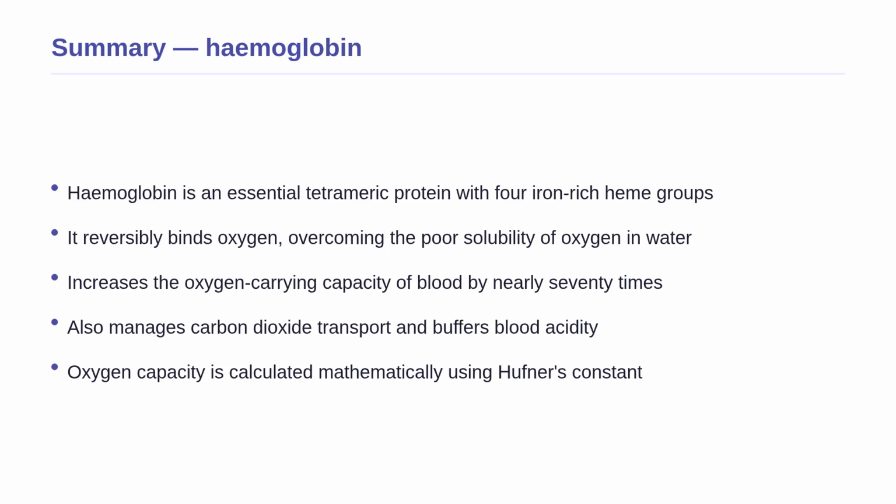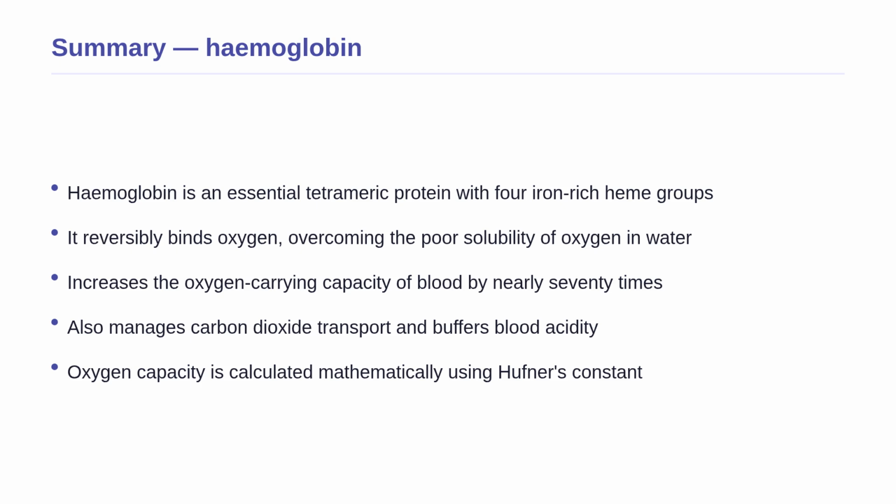We have covered a lot of ground today, so let us review the key takeaways. First, hemoglobin is an essential tetrameric protein containing 4 iron-rich heme groups that reversibly bind oxygen. Second, it overcomes the poor solubility of oxygen in water, boosting our blood's carrying capacity by nearly 70 times, while also managing carbon dioxide and blood acidity.